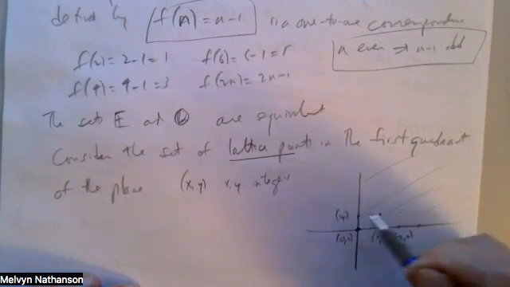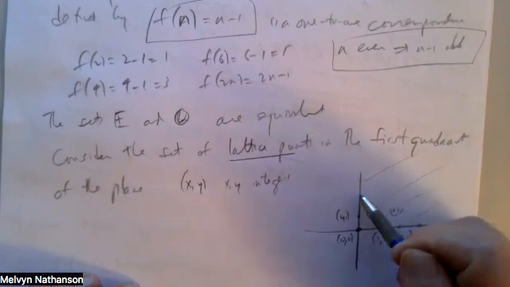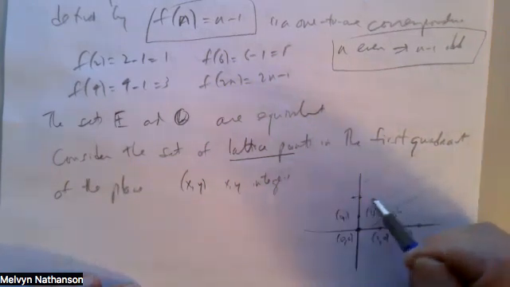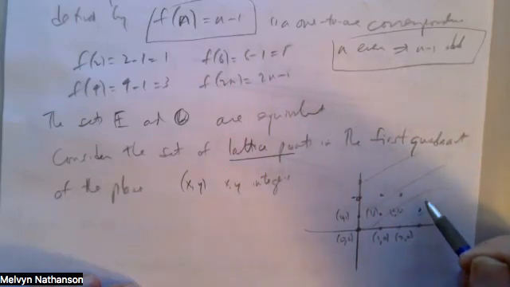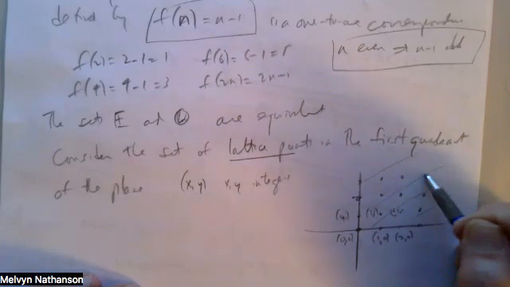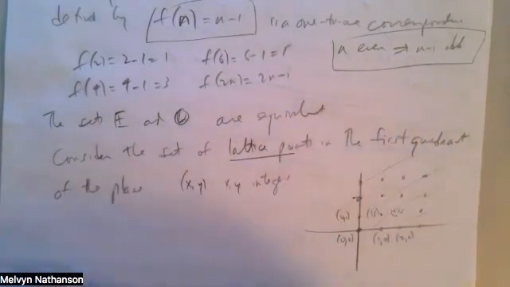You see 0, 1, 1, 1, 2, 1. So it's all the points where the coordinates are non-negative integers.